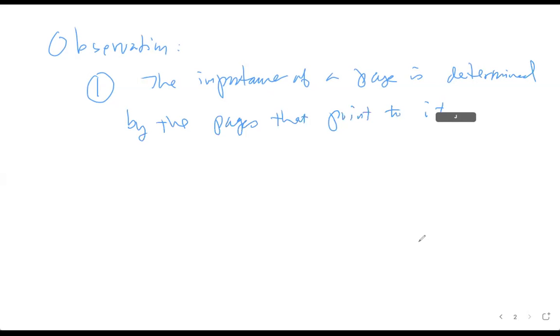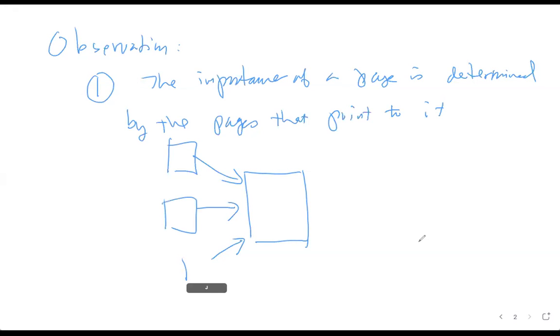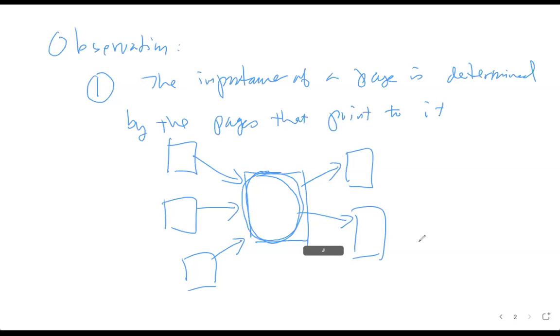So that means if I am a page, you have incoming edges, you also have outgoing edges. To determine my importance, obviously, it's not because I have lots of links going out to the other pages.